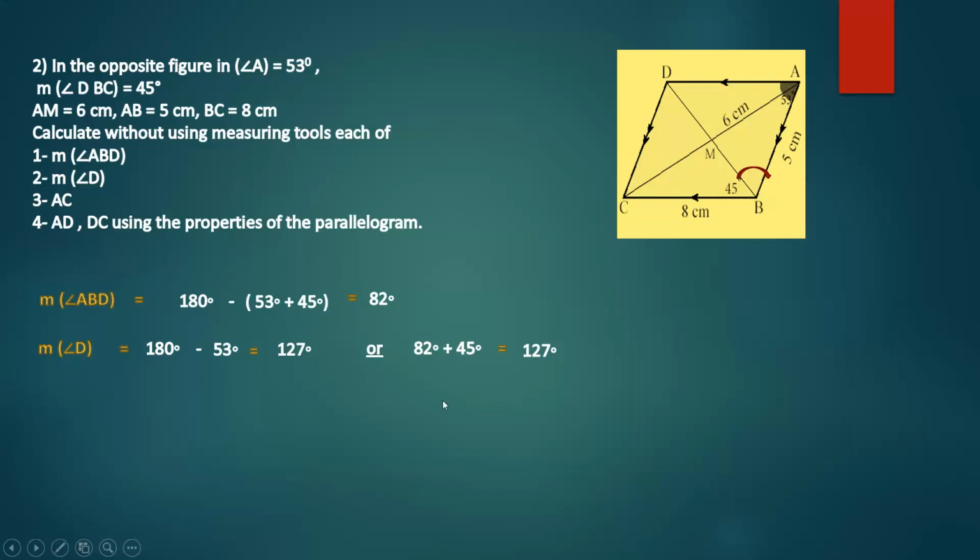We have two methods to calculate. AC: we know that AM equals 6, so AC is 6 plus 6 equals 12 centimeters. AD equals 8 centimeters equals BC equals 8, and DC equals AB equals 5 centimeters.